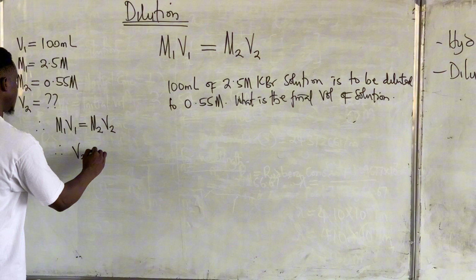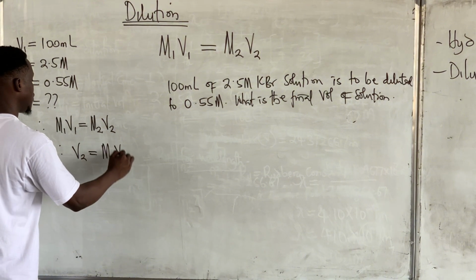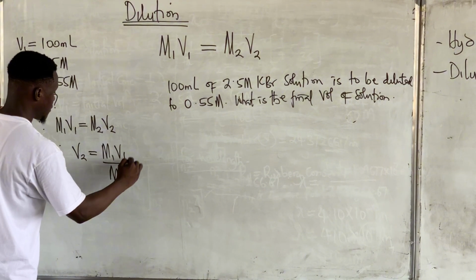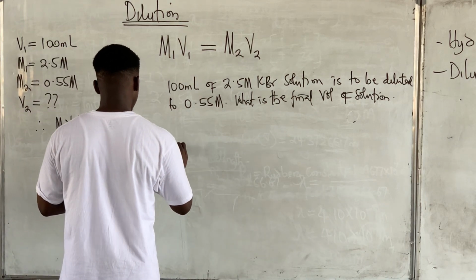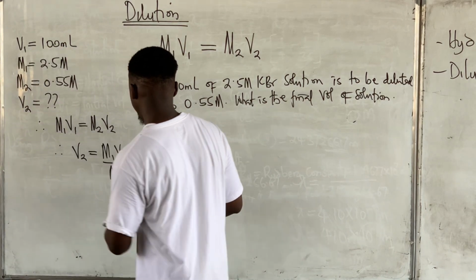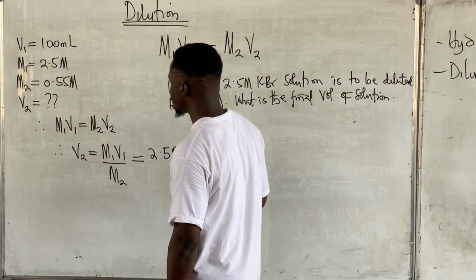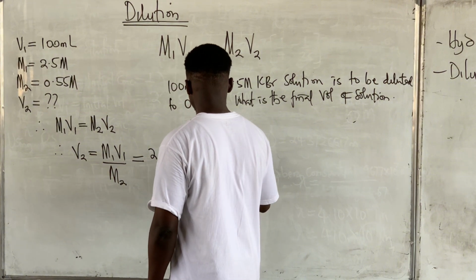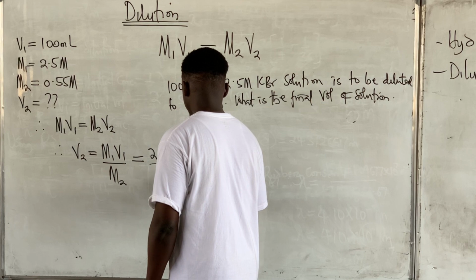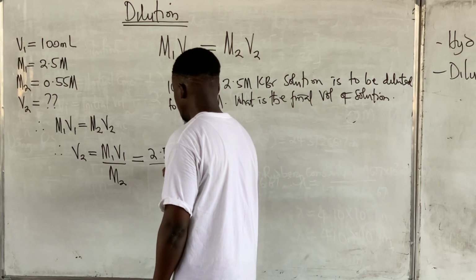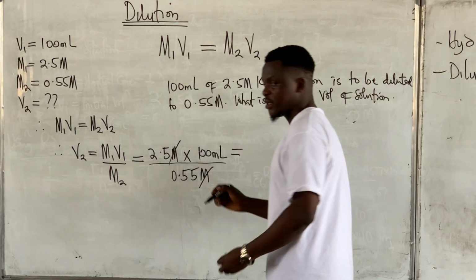This becomes M1 V1 all over M2. M1 is 2.5. V1 is 100. M2 is 0.55. Molar cancels molar, leaving us with milliliters.